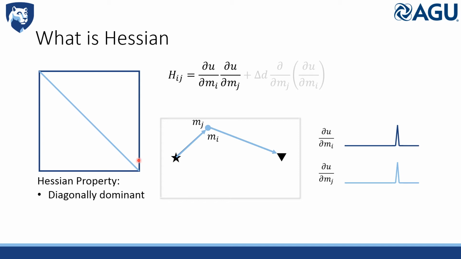But in practice, the wavelet is never as perfect as a delta function. Check out the waveform here. So in practice, both scattered waveforms will be spread out a little bit. Then to have a non-zero value in the Hessian matrix, mi and mj do not necessarily coincide with each other.